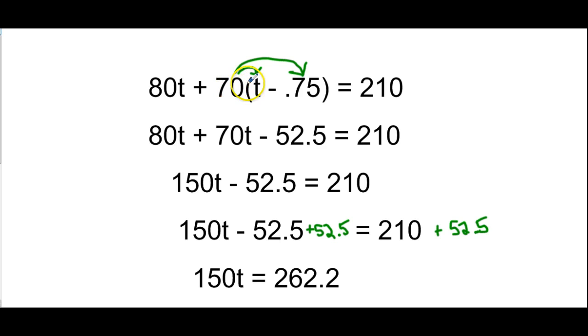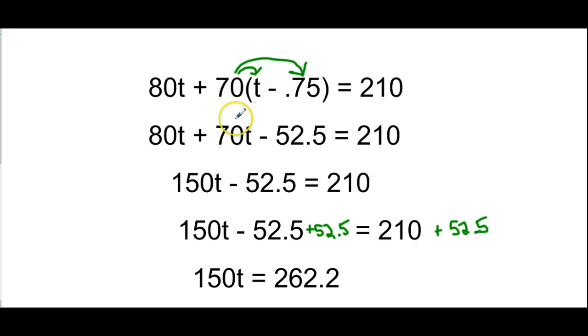When you have a number outside of an expression with an addition or subtraction, you use what? The distributive property, or I like to call it the rainbow property. You draw a rainbow from the quantity outside the parentheses to each term inside the parentheses to remind yourself you've got to multiply.